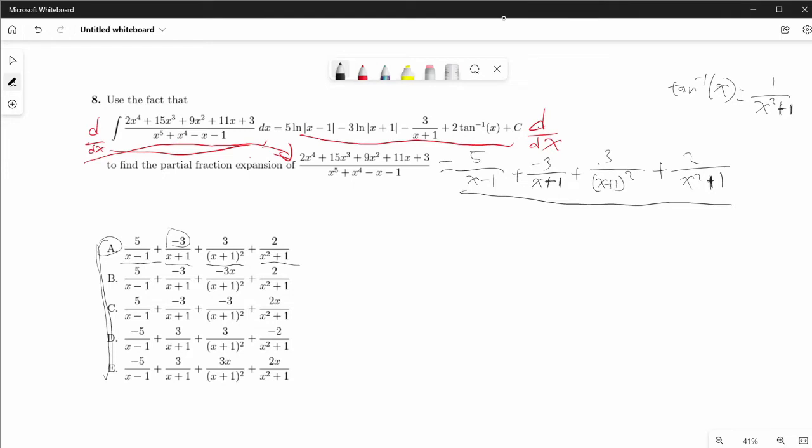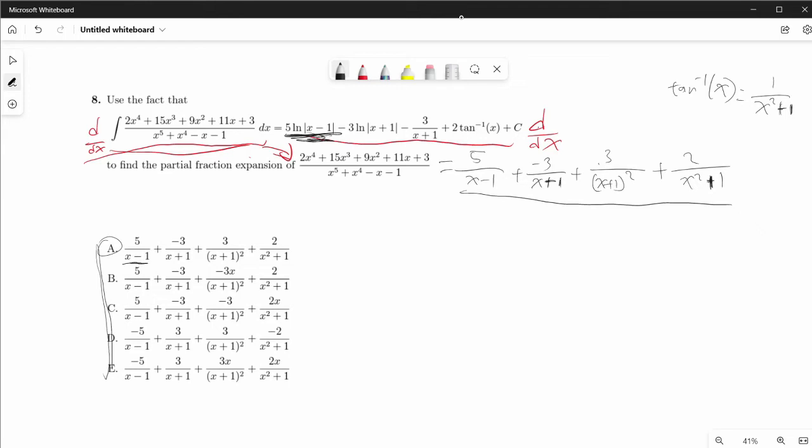But the other one is sort of just knowing where this comes from, right? If you can compare and just look at the answers, I can say this is going to be 1 over x minus 1. I'm going to write it down.